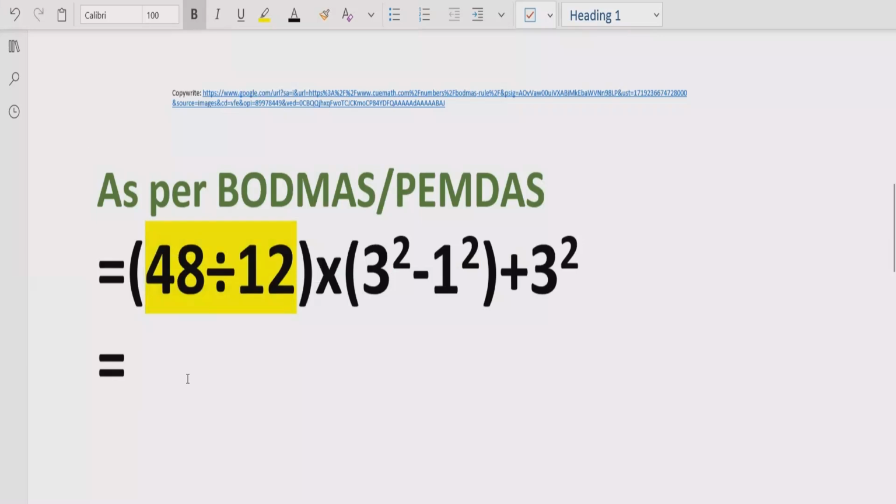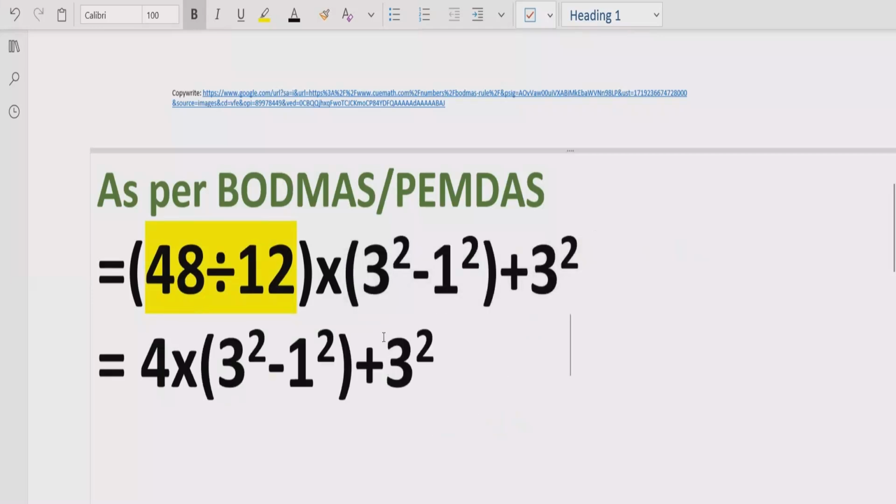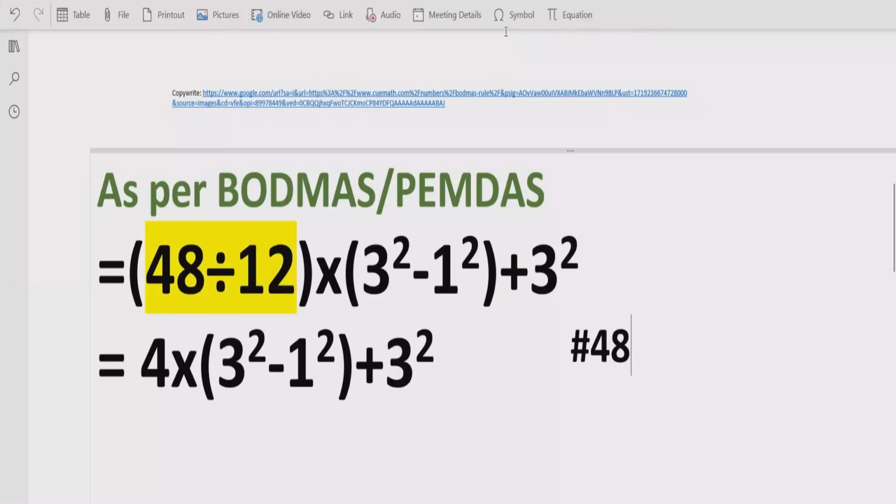So 48 divided by 12 means 4. Multiply by, and this part we will write right now as it is. And in the reference, we will write 48 divided by 12 equals 4.